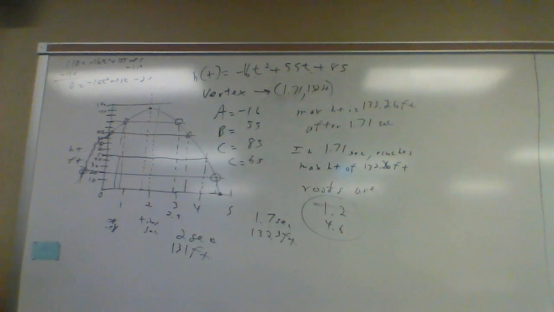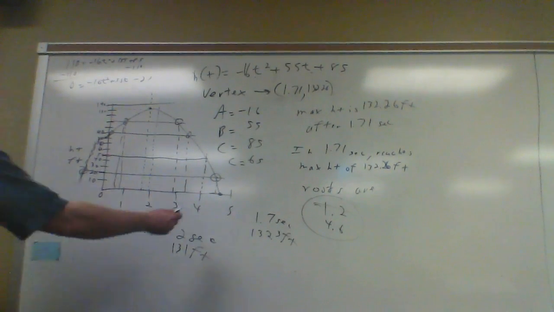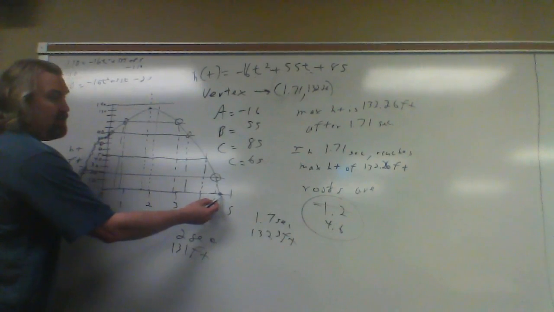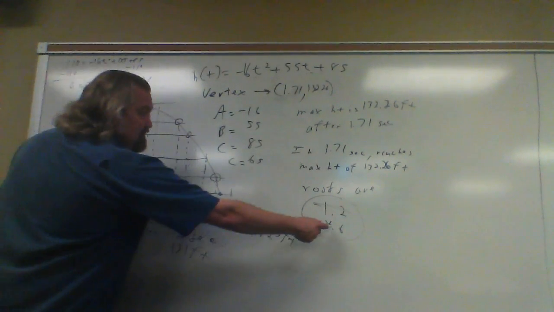Second, quit, get out of your error. Go to your program, go to quad, put in negative 16, 55, and 65. Negative 0.9, right? Which we throw out, and 4.3 or 4.4, which makes sense because it's going to hit the ground in 4.6 seconds.